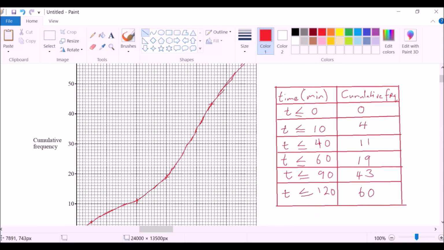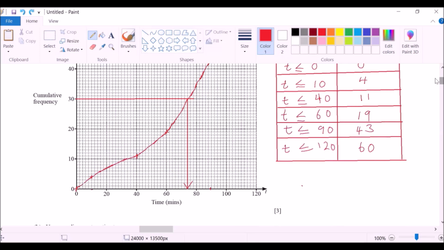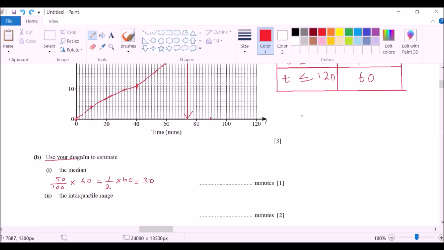At 30, we find the time corresponding to that value, which is here. And we have to show these lines on the graph, how we find the median value. If they are not seen, then there will be no marks because you are asked to use your diagram.